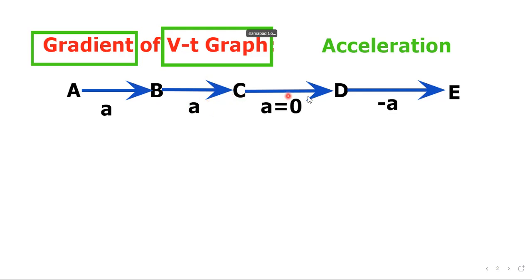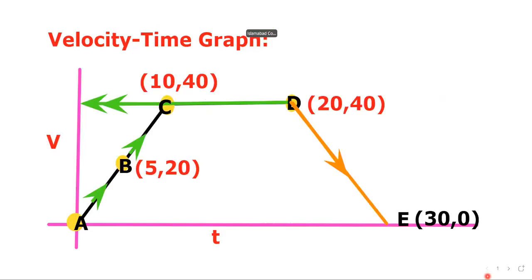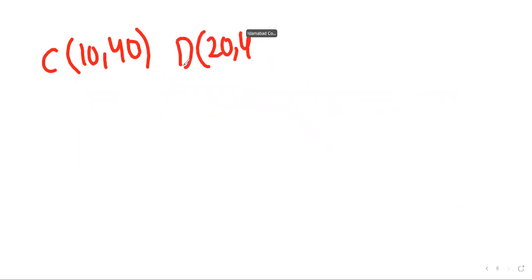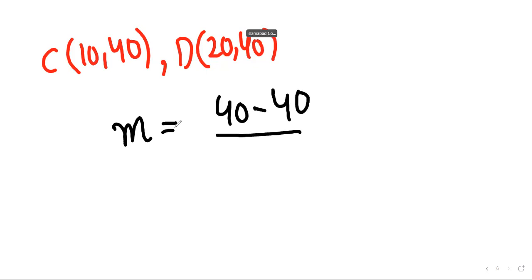Now let's move from C to D. C is (10, 40) and D is (20, 40). Okay, so gradient is y2 minus y1 over x2 minus x1.